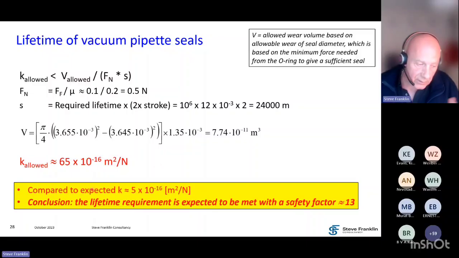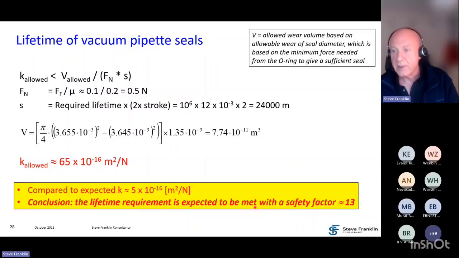And we expect from the laboratory tests about 5 times 10 to the minus 16. So our conclusion is that the lifetime requirement is expected to be met, because we have a safety factor of at least 13 there, which is more than 10, so that's sufficient. We expect this design is fine. There shouldn't be any problems with it.